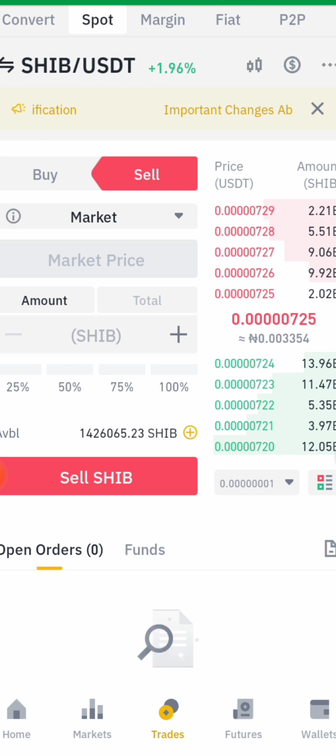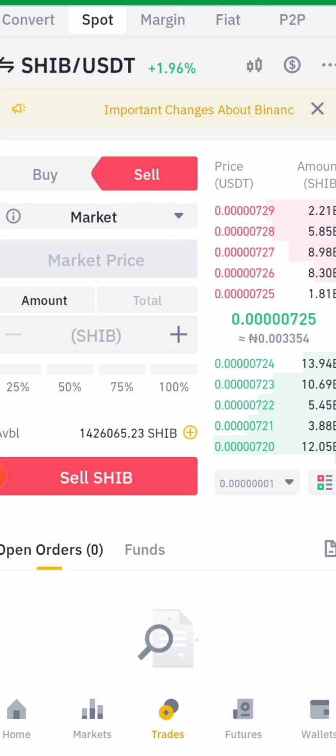Remember, whichever coin pair you choose, it simply means you're buying or selling that very coin. You're using USDT as a benchmark to trade that coin. So you are not trading USDT. It is that very coin that you're buying or selling. So if you buy, you're using USDT to pay.